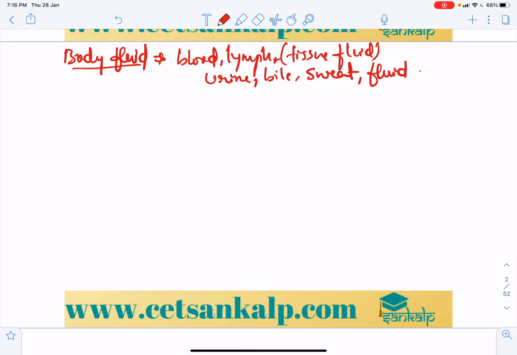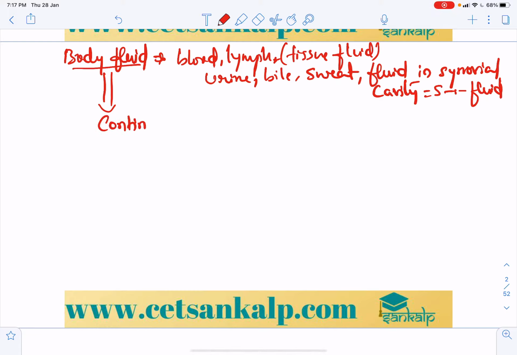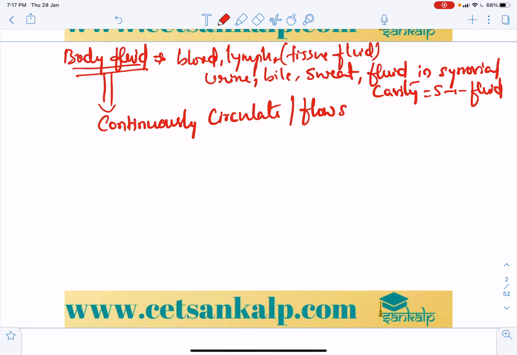So the fluid in the synovial cavity, that is between the joints, is also called synovial fluid. Now, the body fluids are going to circulate. Circulation means that these body fluids continuously flow throughout the body.